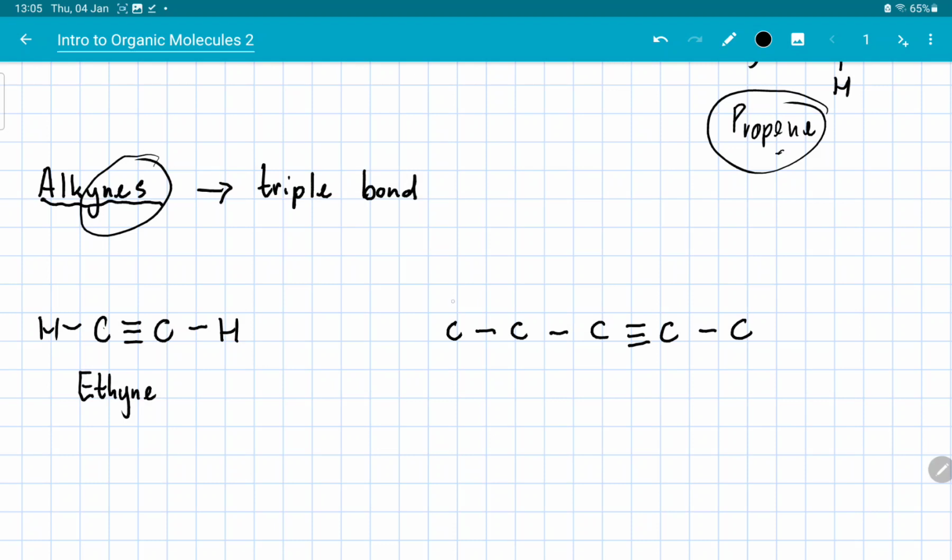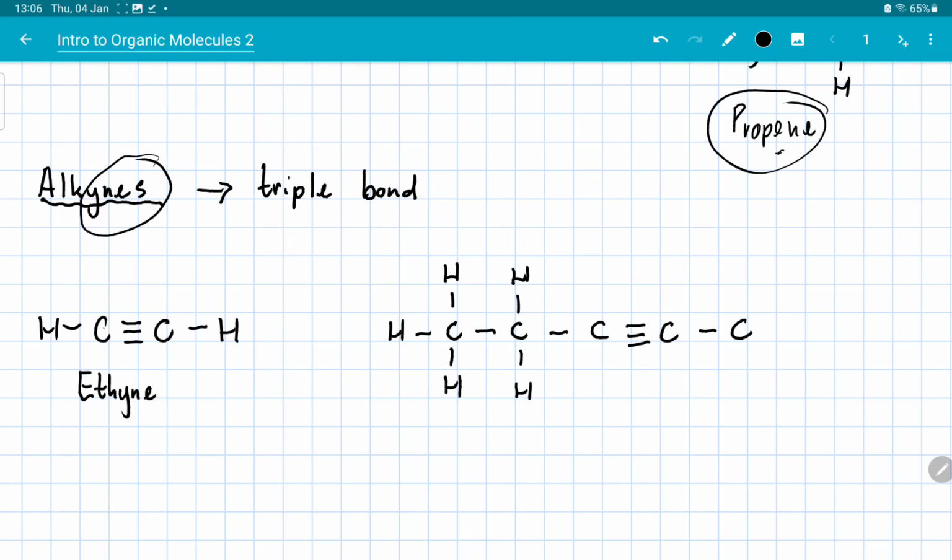Anyhow, let's put a stable octet structure. Remember, this is a hydrocarbon, because it only contains hydrogen and carbon atoms.